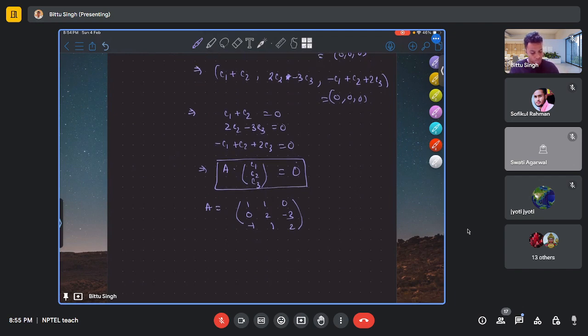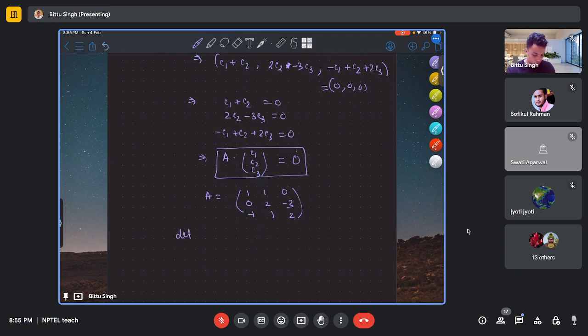So let us see the determinant of A. This is 1 times (4 plus 3), which is 7, minus 1 times (-6), and the other term is 0.